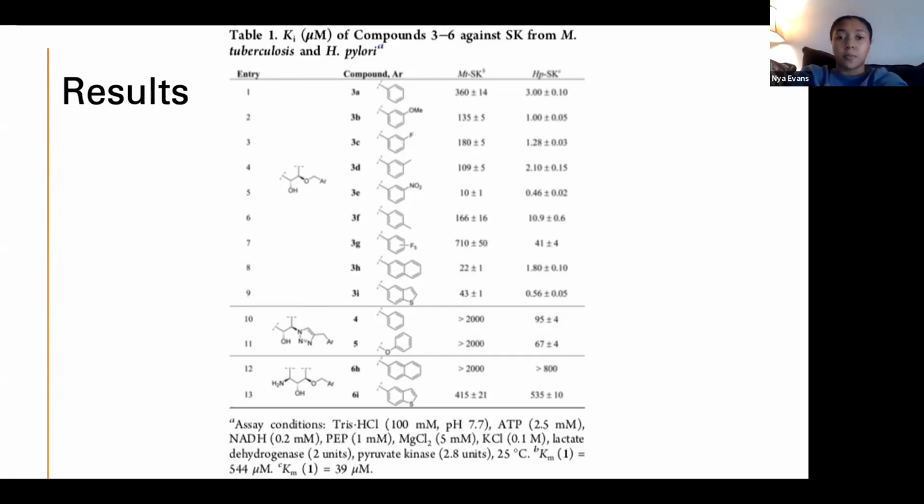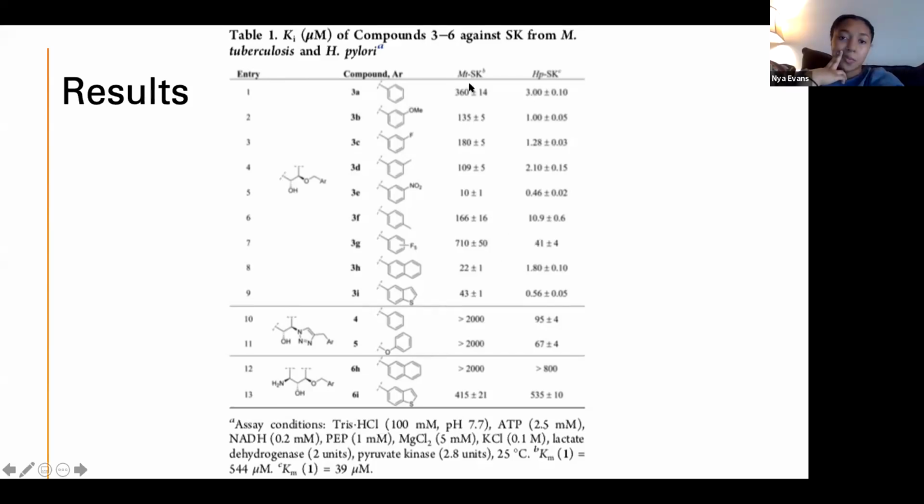Lindsay, I have a question. So how are they getting two numbers in the lanes that are the MTSK and HPSK? How are they getting two different numbers? Are they using a formula? I just don't know what that means. I guess two different bacteria that they tested it in. Oh, okay.